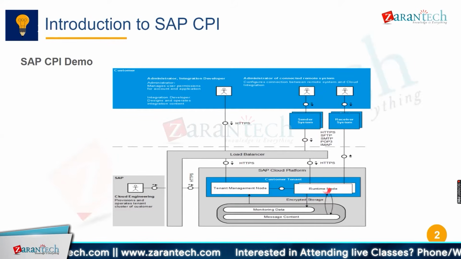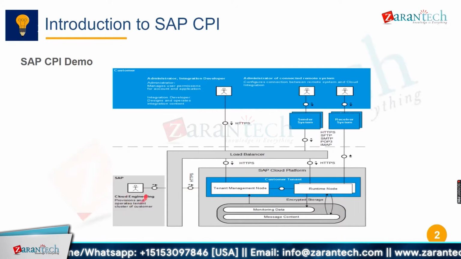Meanwhile, whenever the operations are executing, it stores the data in the runtime node and it goes into the mail. Right now, as I showed you, the status is completed, right? Now this runtime node helps you give the status to the tenant management node, either completed or failed or something.